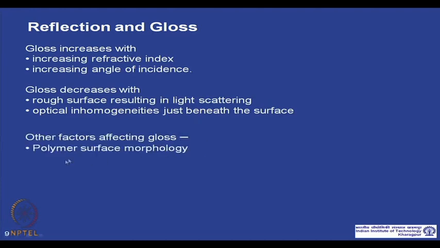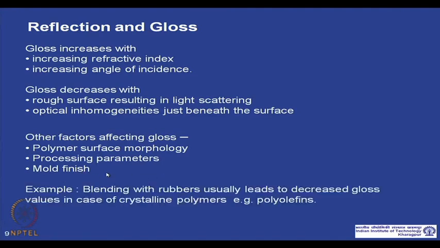And other factors like polymer surface morphology, processing parameters, and mold finish, which basically dictate the smoothness of the molded parts, also affect the value of gloss. For example, blending of rubbers usually leads to a decrease in gloss in the case of crystalline polymers like polyolefin.